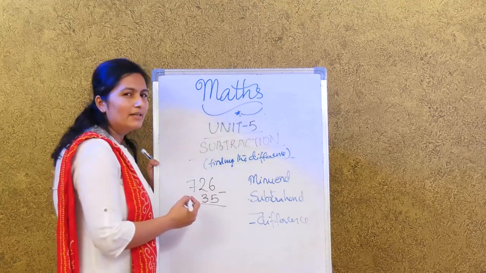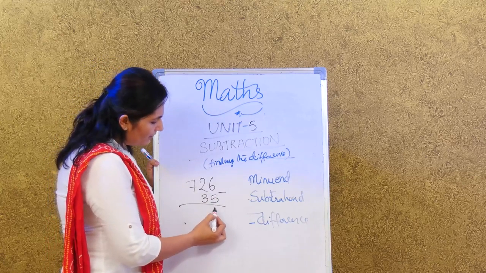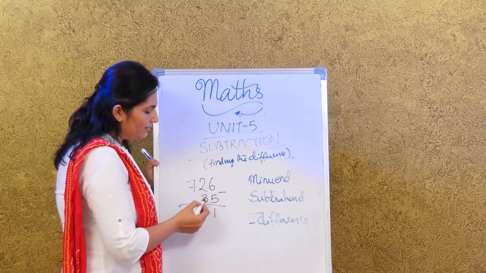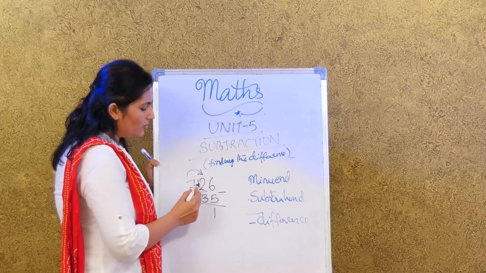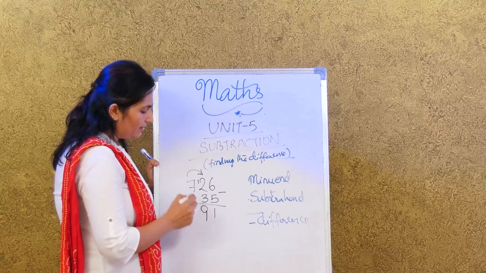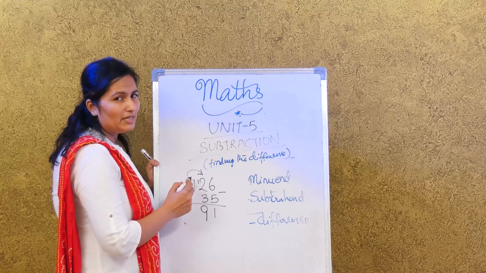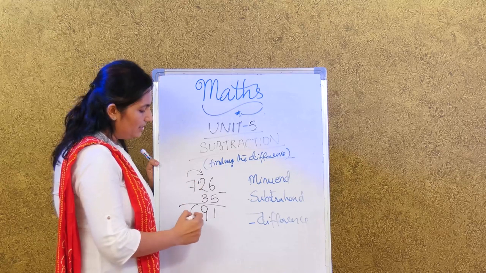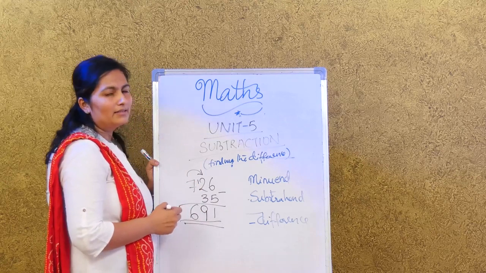So, how many are the remaining that are good? 6 minus 5 is 1. 2 is smaller than 3, so we have to borrow 1. So, this becomes 12. 12 minus 3 is 9. We have already taken 1 from here, so 7 becomes 6. So, 6 minus nothing is 6. 691 would be the correct answer.